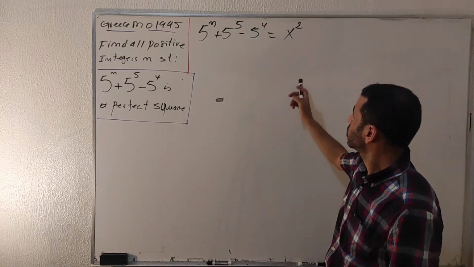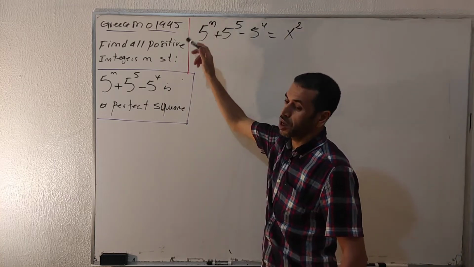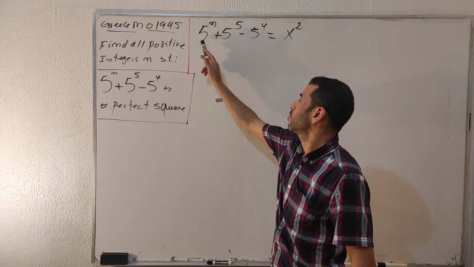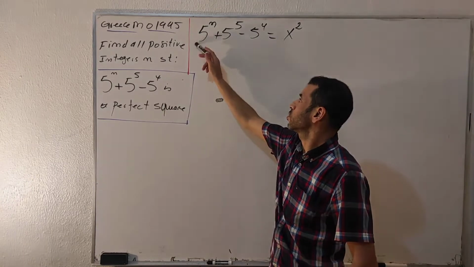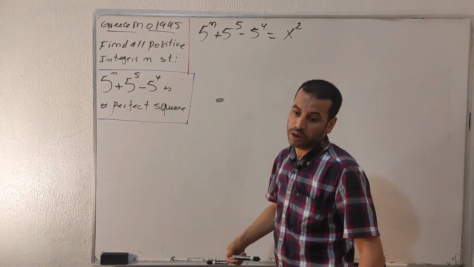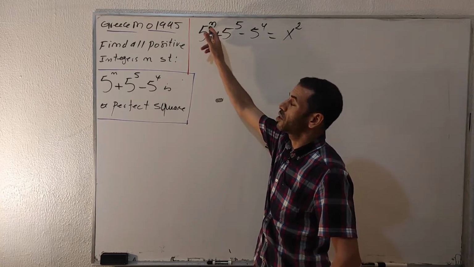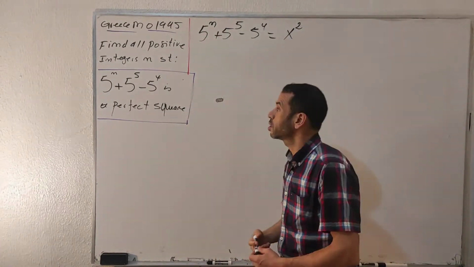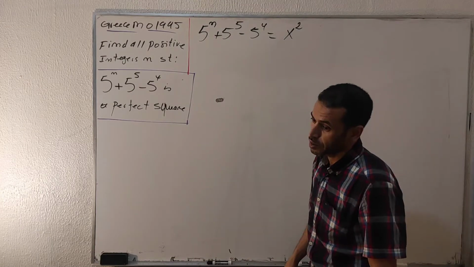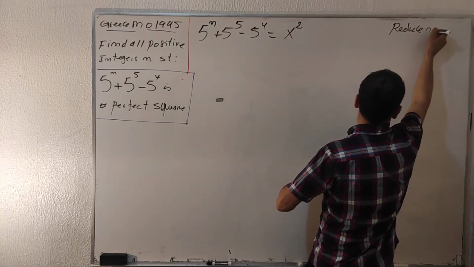If I use mod 4, it makes n cancel out as well, because 5 equals 4 plus 1, so 4 will be cancelled out. We'll have 1 to the n, which disappears, so we cannot benefit. We need n to stay here. How to make n stay? We are going to apply mod 6, reducing this to mod 6.